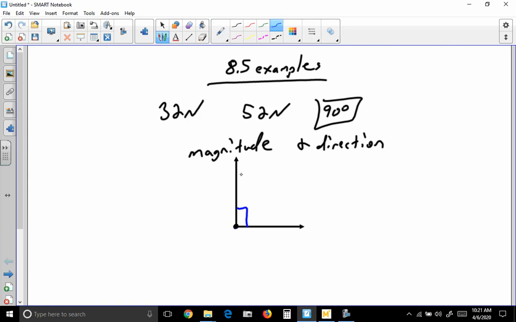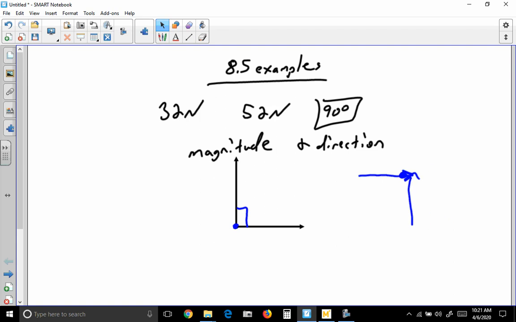Now, when it says it's 90 degrees, that means in relation to this point that they're both acting on. Another way to draw this same diagram is to say here's the object we're pushing on. One force is pushing this direction, one is pushing this direction, or it could be pushing down. Either way, that means they're perpendicular to each other.